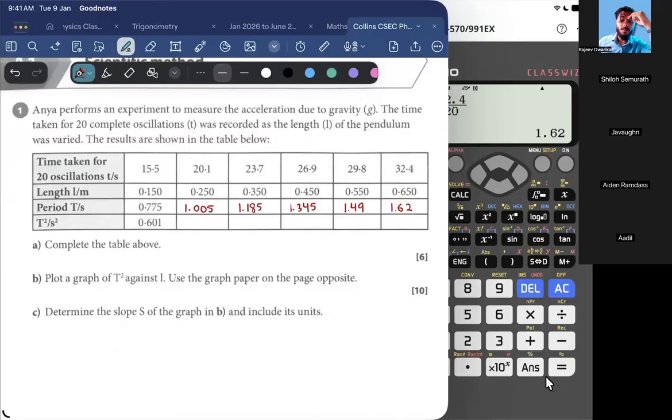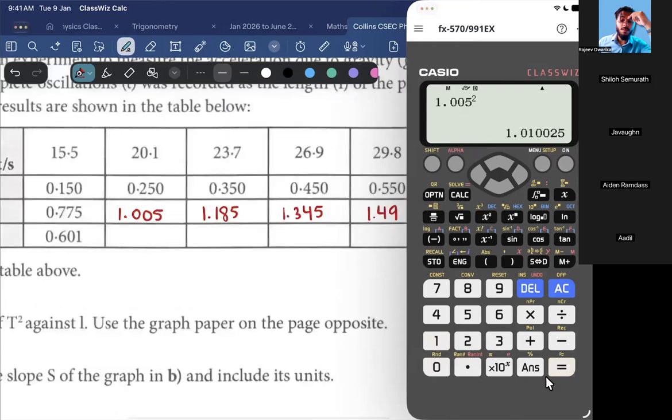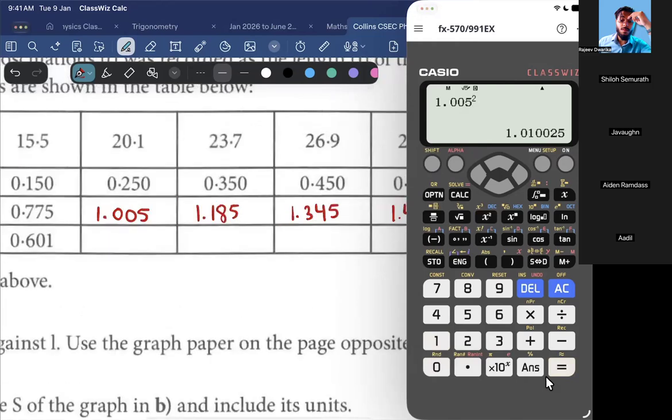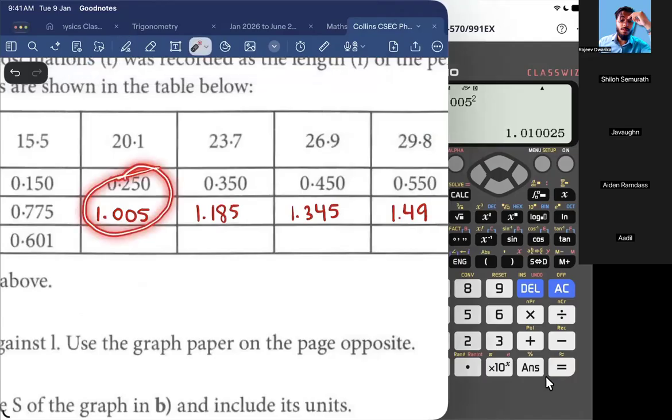Alright, so Adil, tell me, how am I going to figure out T squared now? Yeah, to square all of the numbers you just wrote in. Correct. So that's going to be 1.005 squared. Now, when you look at all of the things you're putting in, it's how many decimal places? 3.